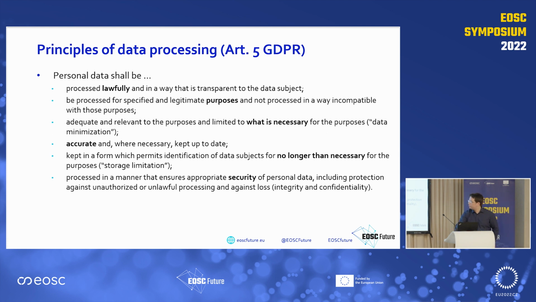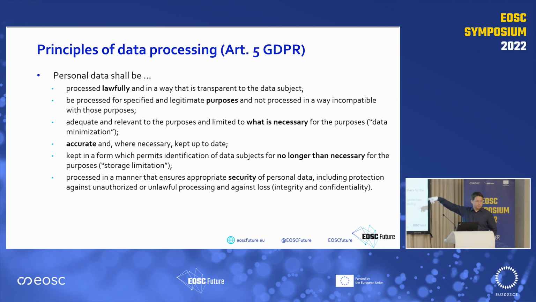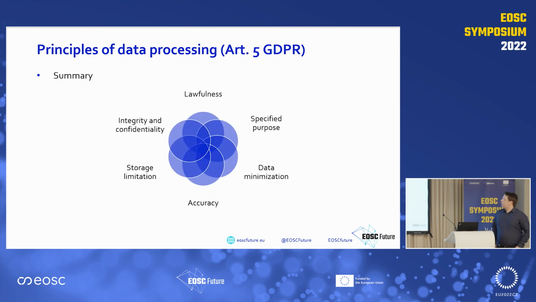I would like to go to the next slide, which is basically the same but only the key terms. So this slide and this slide is the same content. This is more for you if you want to read it after this session. Principles of data processing: lawfulness, specified purpose, data minimization, accuracy, storage limitation, and integrity and confidentiality.